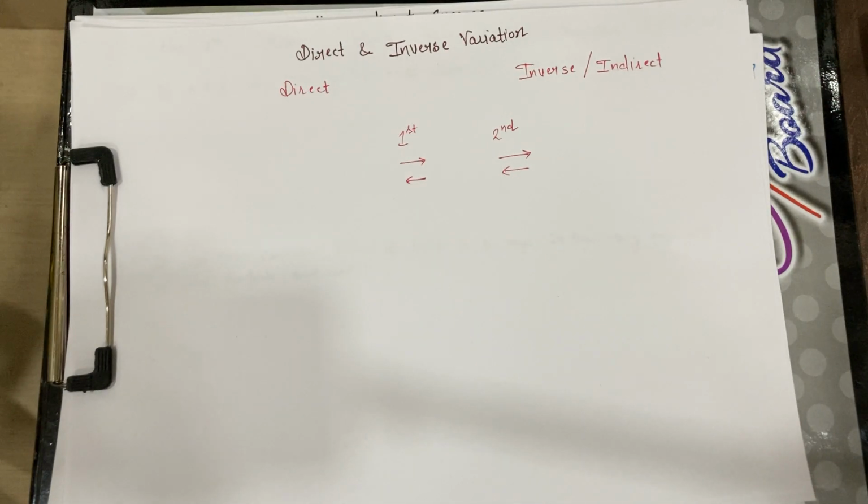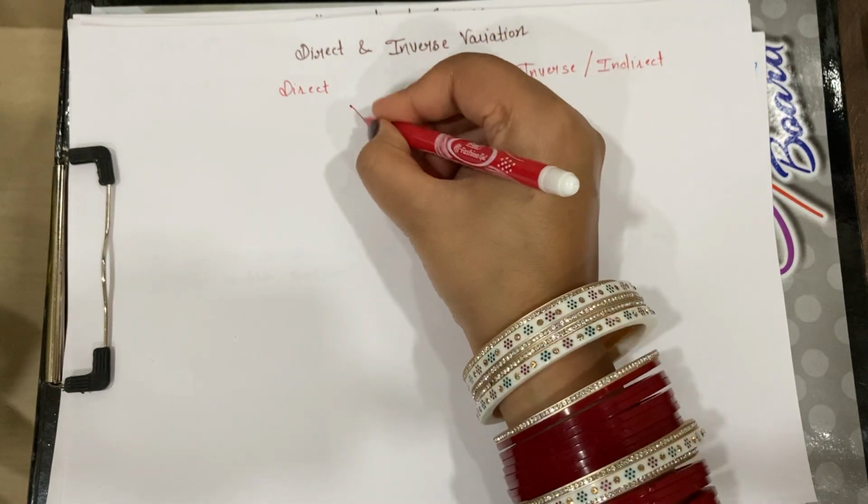Means if both variables show the same behavior, either both increase or both decrease, such kind of variations come under direct variation.